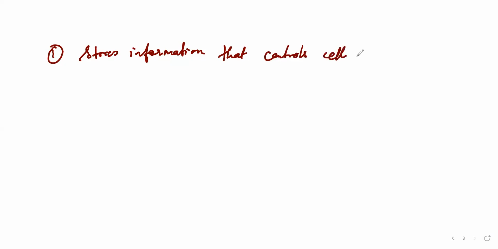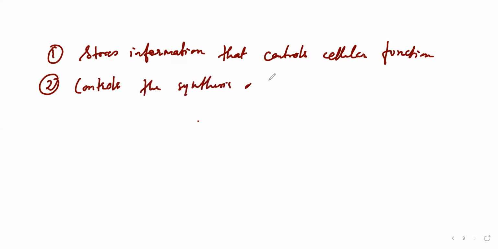Okay, so what are the functions of the nucleus? Because it's the brain, obviously it will be having certain functions. First thing, what does the brain do initially? It stores the information, and it also controls that. So it controls the cellular functions. Then it also controls the synthesis of proteins, such as structural proteins.